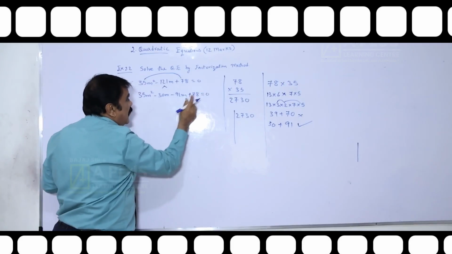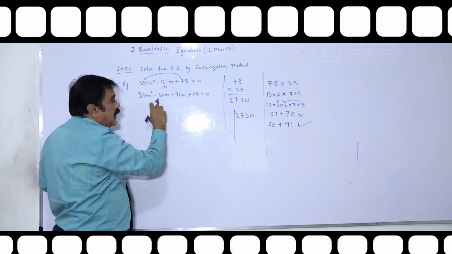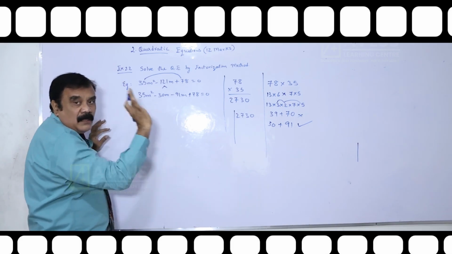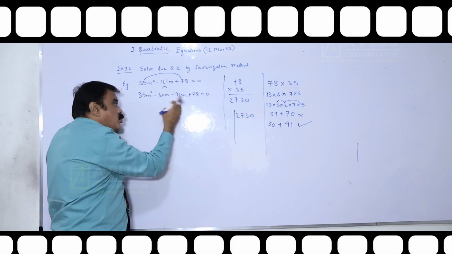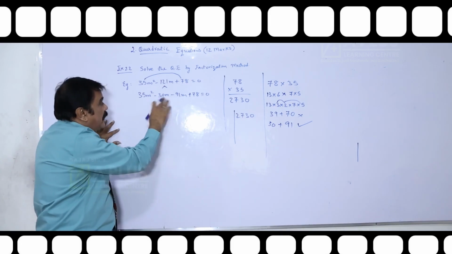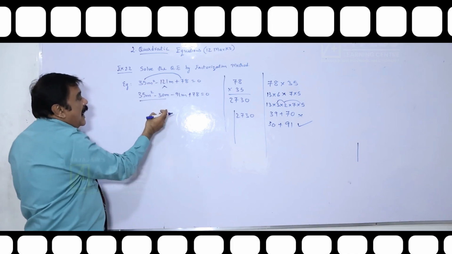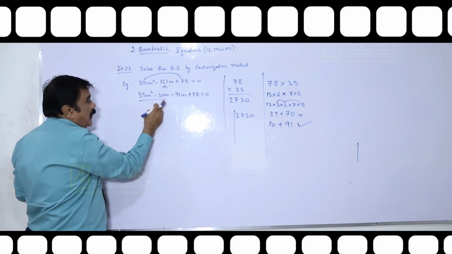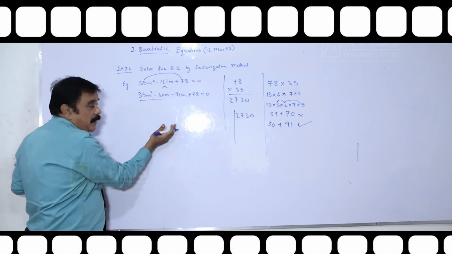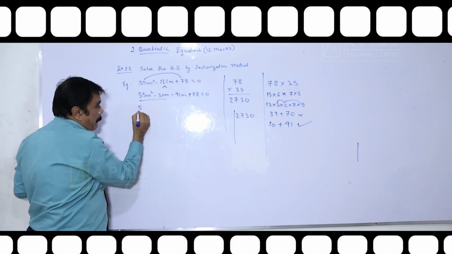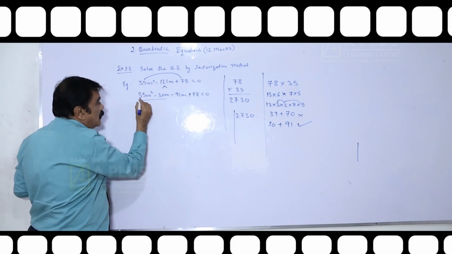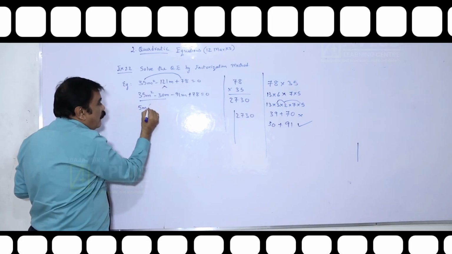Now children, even if you bring 91 here and 30 that side, it will not give you a wrong answer. That is also right, but you should correctly take the common factor. Now what is common in 35m and 30? It is in the 5 times table, so 5 is common to both, and I'll take 5m.